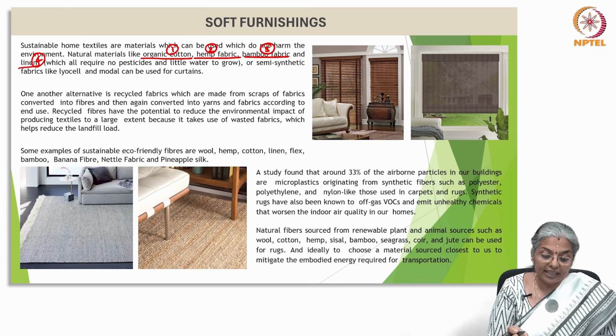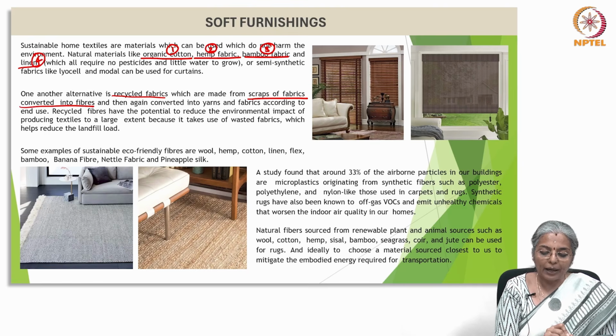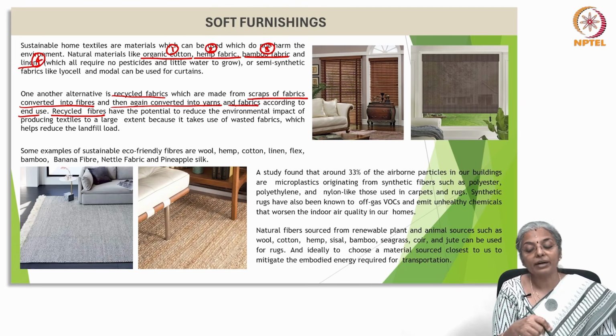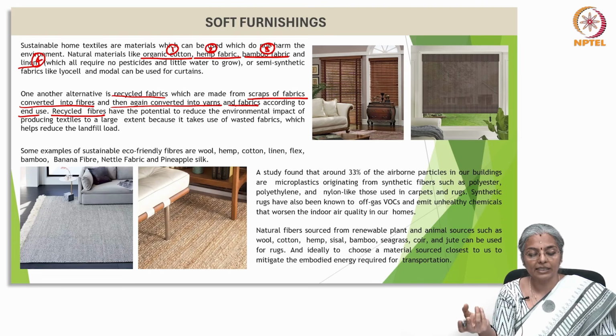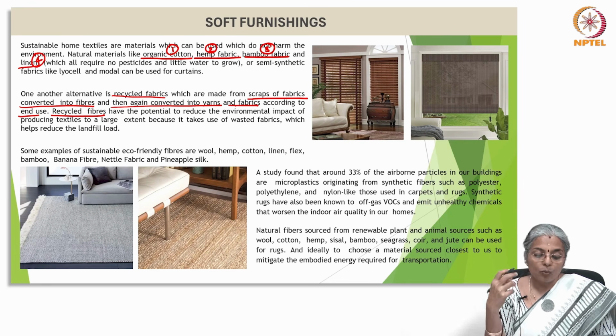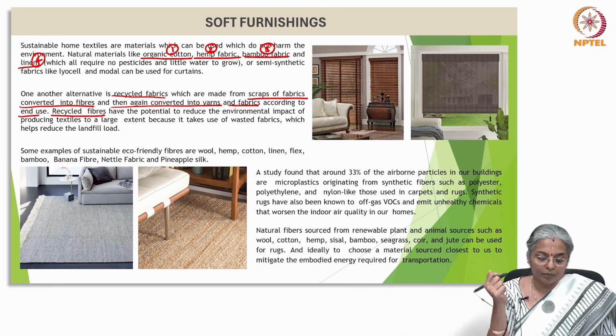Another alternative is recycled fabrics, which are made from scraps of fabrics which are converted into fibers and then converted into yarns and fabrics according to end use. Recycled fibers have the potential to reduce the environmental impact of producing textiles to a very large extent because they make use of wasted fabrics, which helps us to reduce the landfill load.